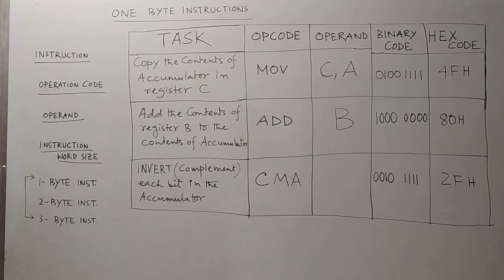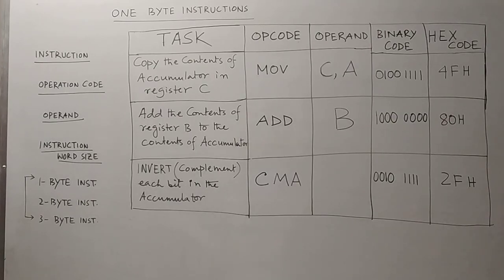So we have 1-byte instructions, 2-byte instructions, and 3-byte instructions.